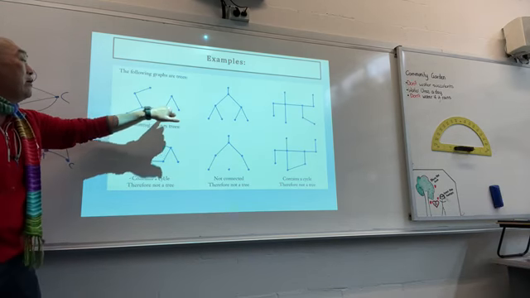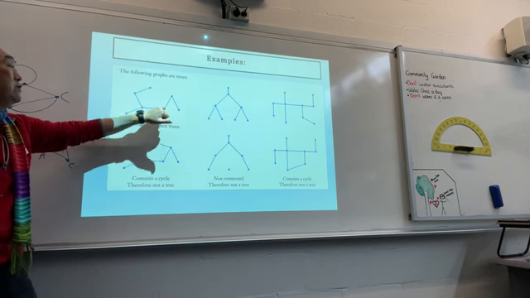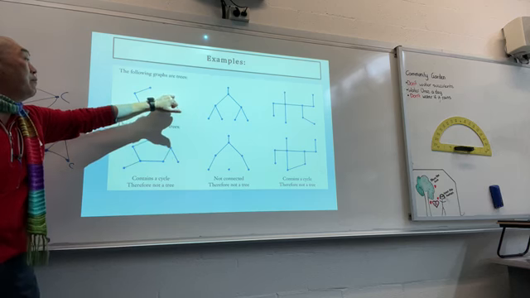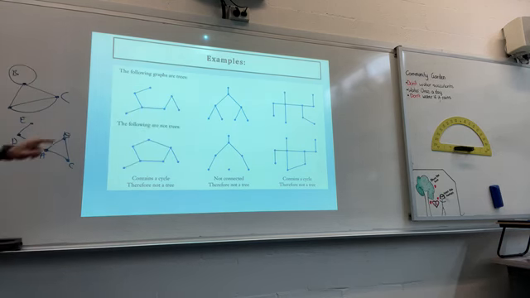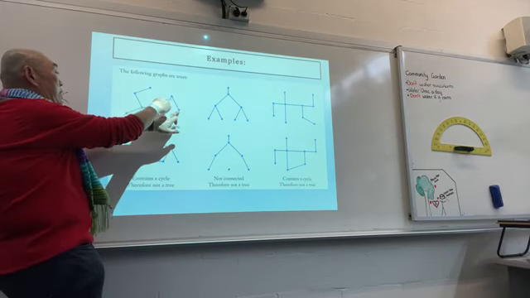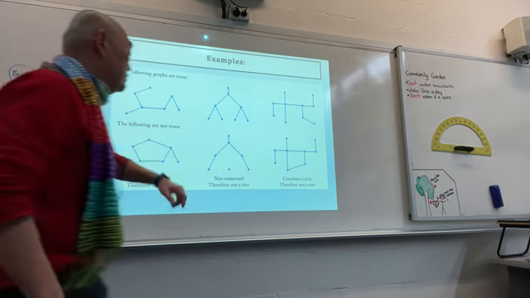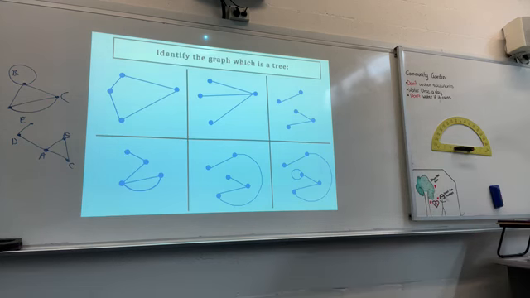There's only one way of going up and down, from A to C to B, for example. There's only one unique path connecting them. There's no loop, there's no cycle, and nothing that's not connected. All right. Now, from here, you should be able to identify which one is a tree.